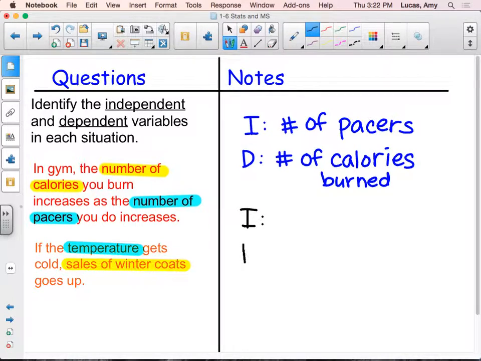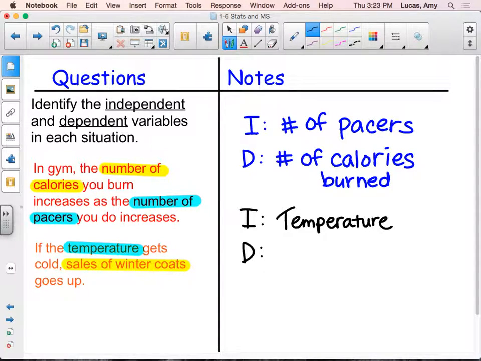So now, independent and dependent. What is happening first here? This problem is telling us that if the temperature gets cold, then the sale of winter coats goes up. So it's saying if the temperature gets cold, like first, so that means temperature is the independent variable. And temperature happens first.